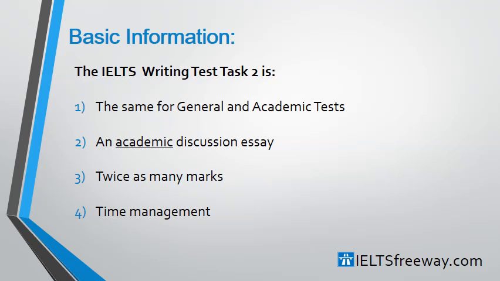It is recommended though that you spend 20 minutes on task 1 and 40 minutes on task 2. In task 1 you need to write 150 words. In task 2 you have to write at least 250 words. You must write at least 250. If you write less, you will lose marks.